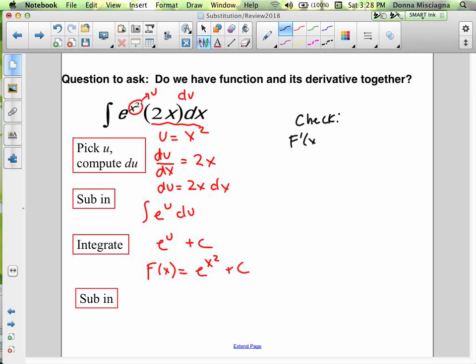F prime of x equals e to the x squared times the derivative of x squared, and then of course plus 0 for the constant. So f prime of x equals, the derivative of x squared is 2x, so 2x e to the x squared. And that one checks out, and that's the integral.